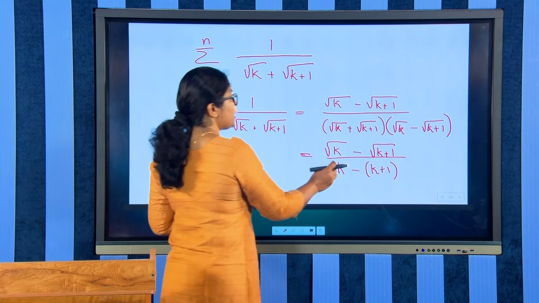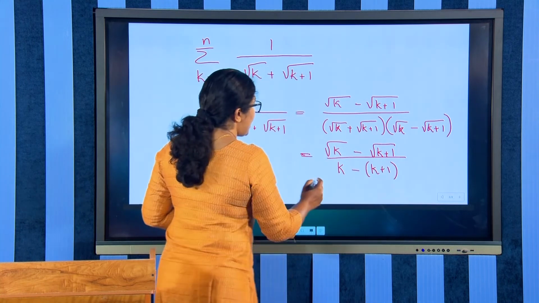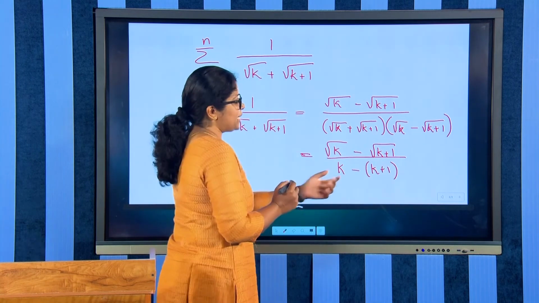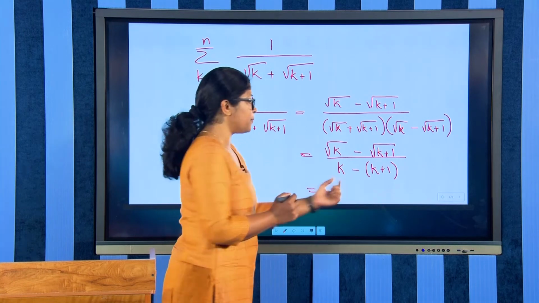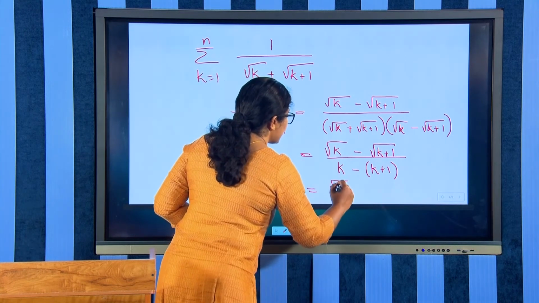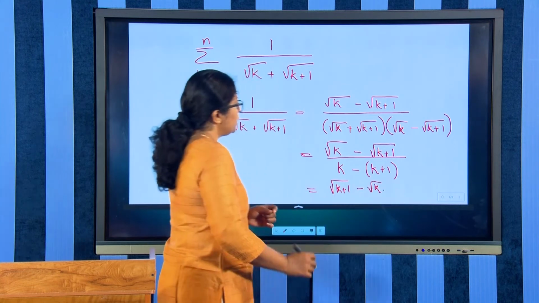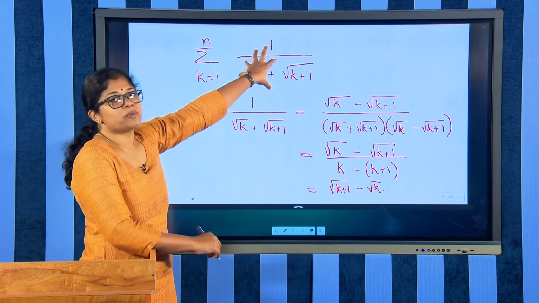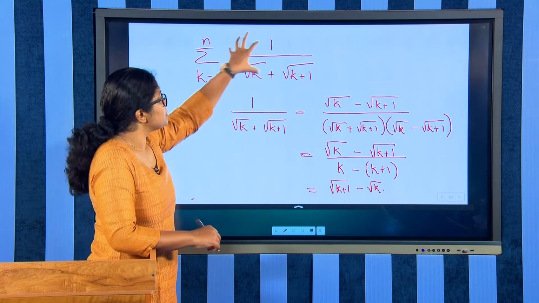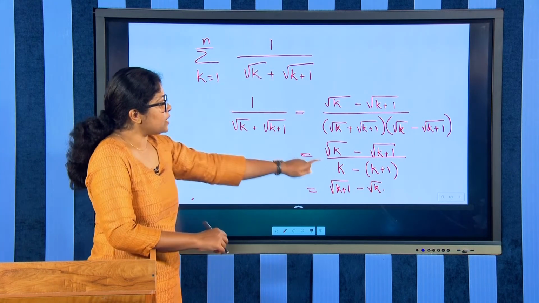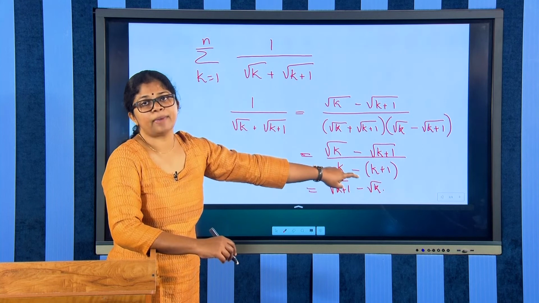So, you are having k minus of k plus 1, and on simplification you will be getting a negative 1 in the denominator, and so this can be written as root of k plus 1 minus root k. So, this expression which was given inside the summation sign is equivalent to root k plus 1 minus root k.